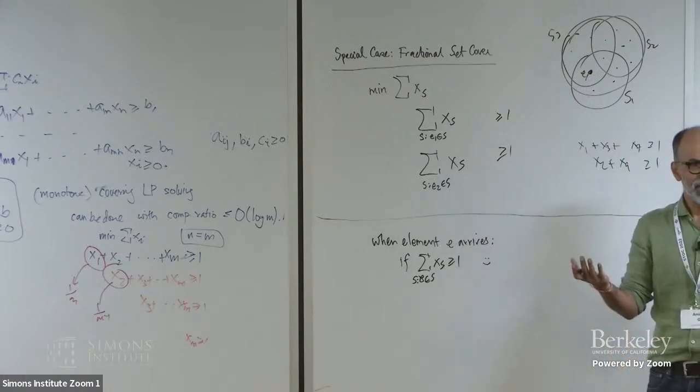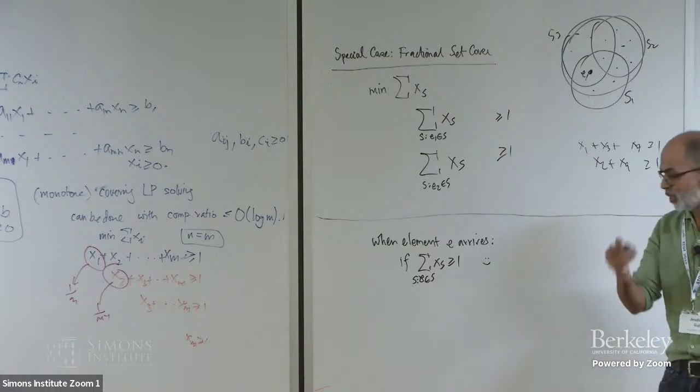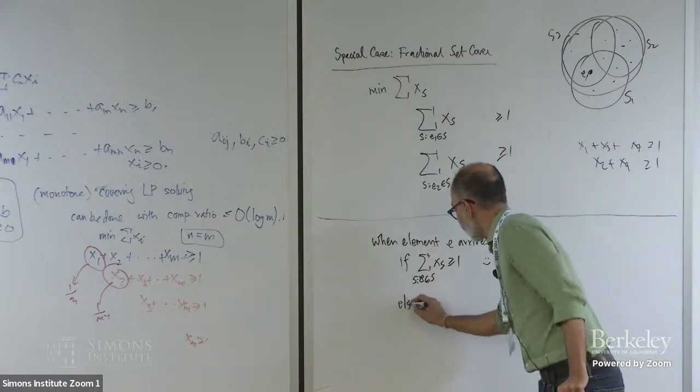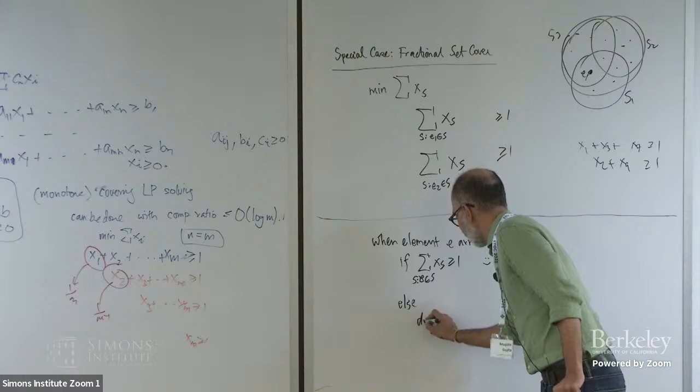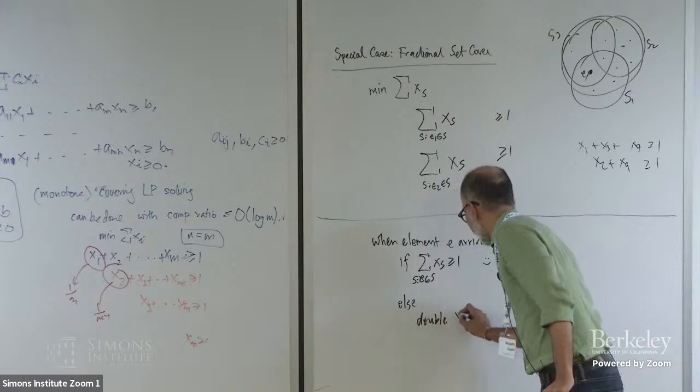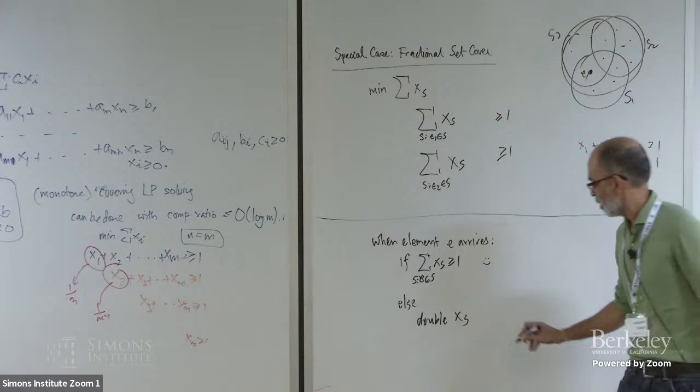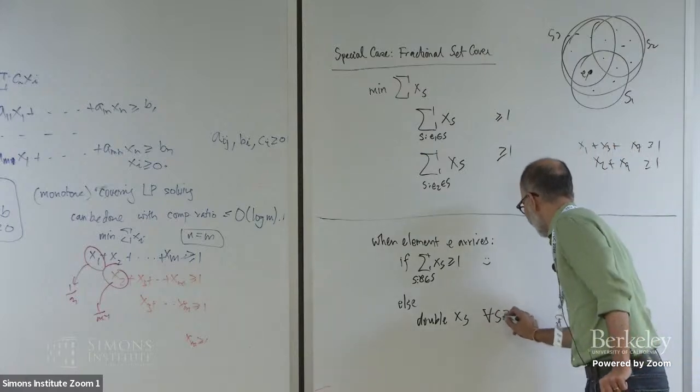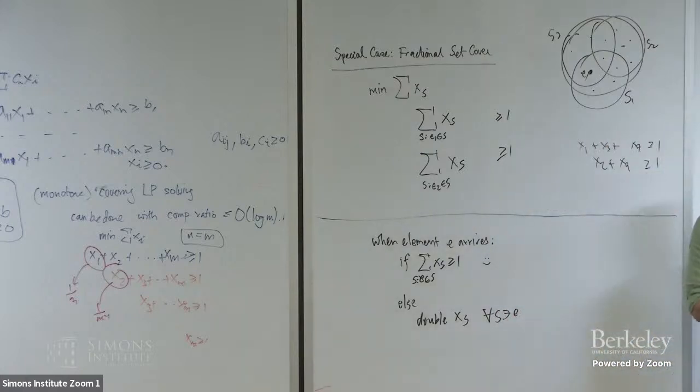Lo and behold, it's satisfied. Suppose not. Double xS for all S that contain E. Take all the sets that contain element E and double them. The rich get richer. Sets which had a large value have an even larger value.